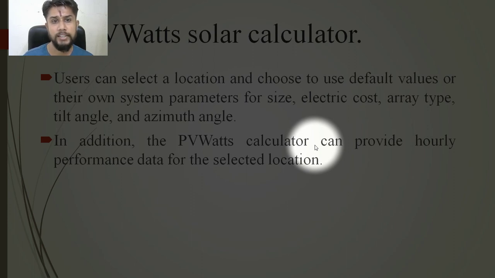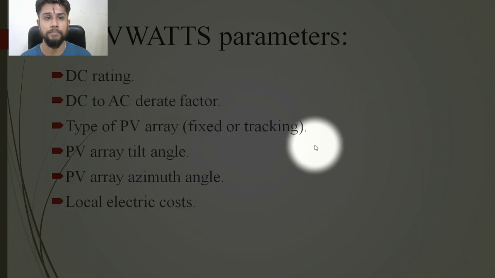The users can select a localization and choose to use default values or their own system parameters for size, cost, array type, tilt angle, azimuth angle, etc. for the design purpose. The tool can provide hourly performance data for the selected location.